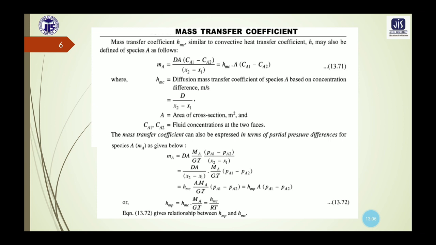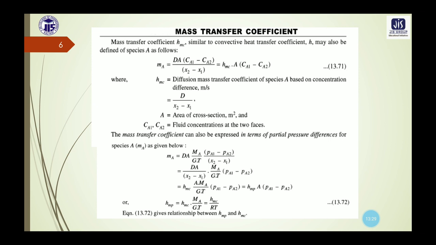Now this mass transfer coefficient hmc is similar to the convective heat transfer coefficient. For species A, MA can be written as D into (CA1 minus CA2) divided by (x2 minus x1). This equals hmc into A into (CA1 minus CA2).